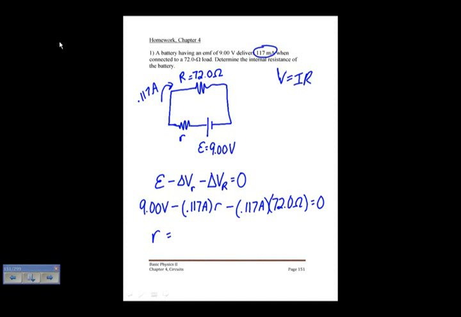And if I solve this for little r, I find that little r is equal to 9 volts minus 0.117 times 72, divided by 0.117, and then that gives me 4.9 ohms, and that's the internal resistance of the battery.